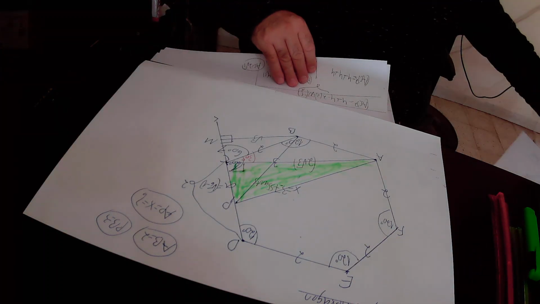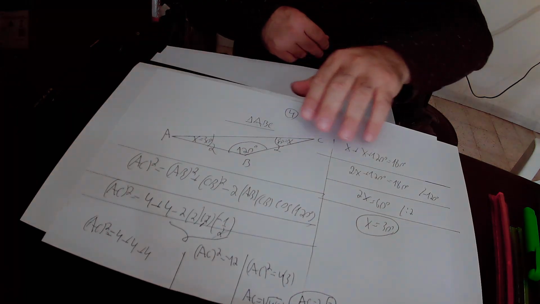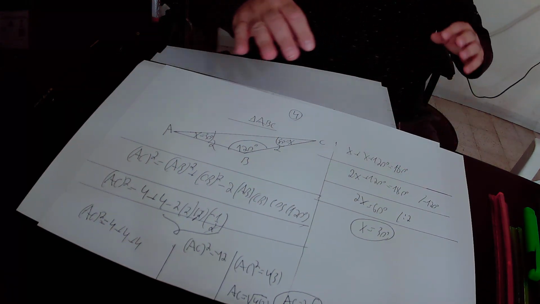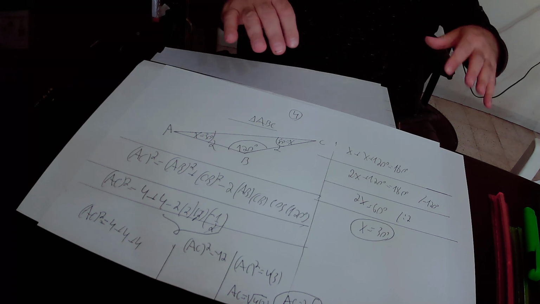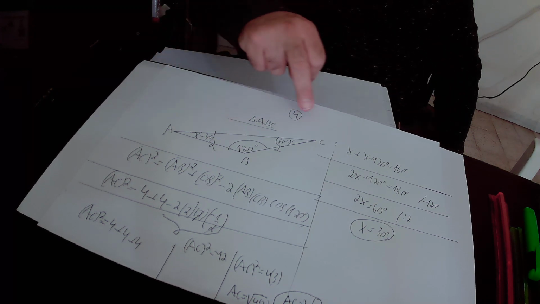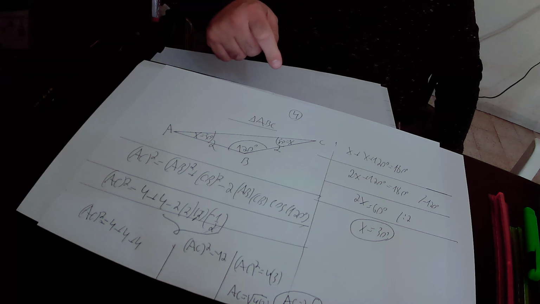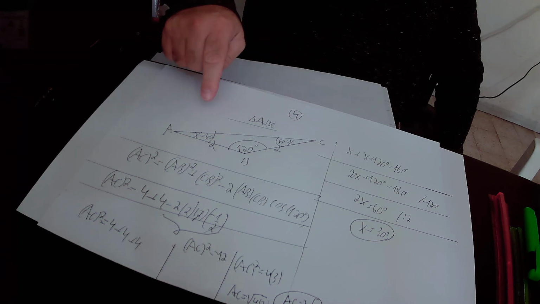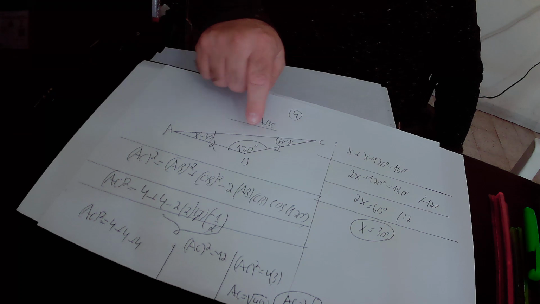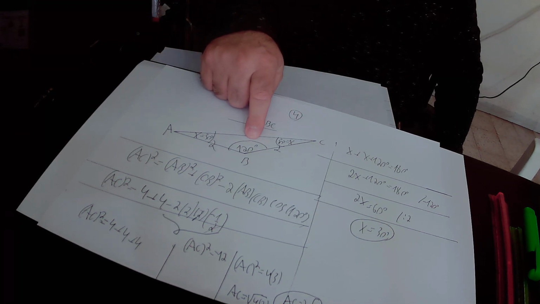So I call it triangle ABC in the new page. This is triangle ABC. We implemented the law of cosines in this triangle in order to find the value of AC, the length of side AC. According to the law of cosines, we get that AC square equals AB square plus BC square minus 2 times AB times BC times cosine 120 degrees.